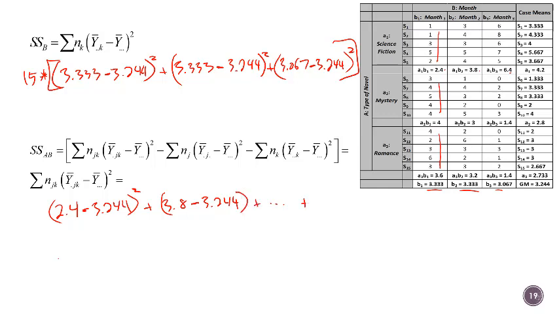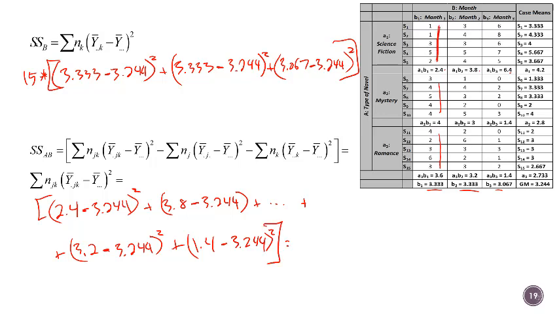Let's skip down to the last couple, like 3.2 minus 3.244 squared plus 1.4 minus 3.244 squared. All that's going to be multiplied by, there are 5 in each cell, so we're multiplying that by 5.